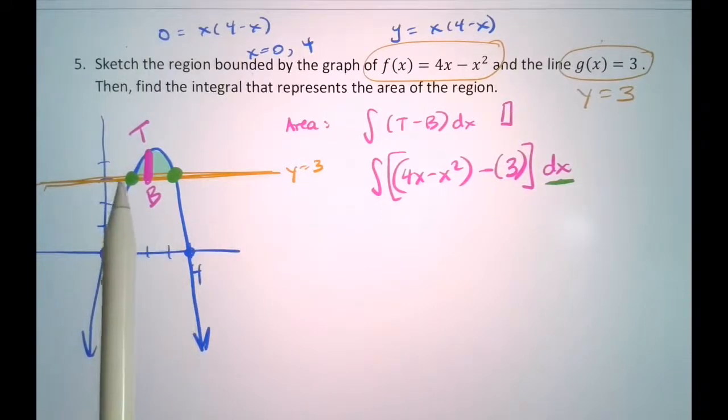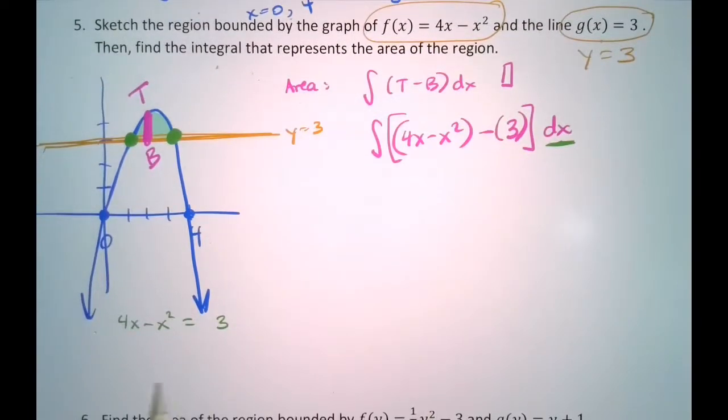They're the intersection points of the parabola and the line. So I have to go fishing and solve it out. I'm going to find the intersection points the same way you did in your advanced algebra or pre-calculus class. I'm going to set those two equations equal to each other, and I'm going to solve this polynomial equation.